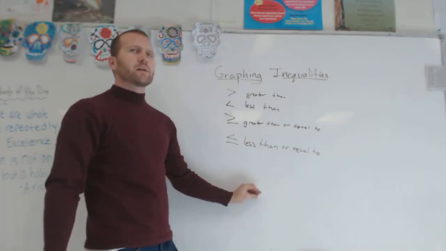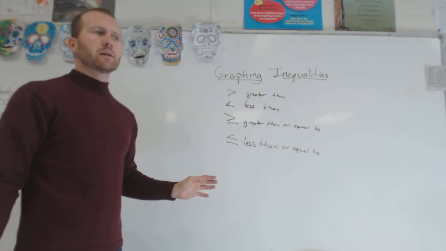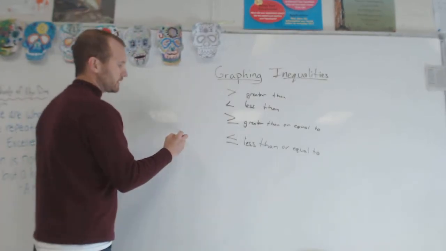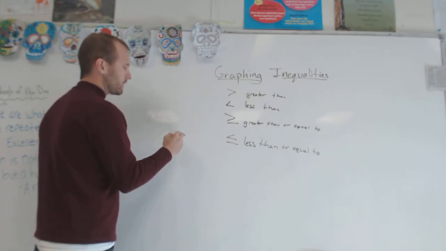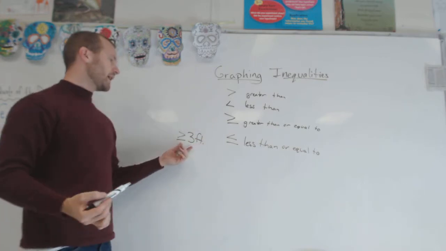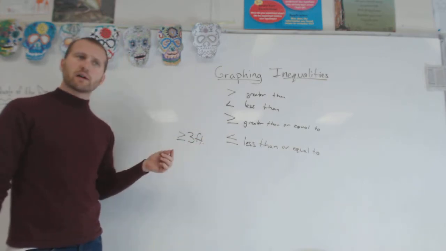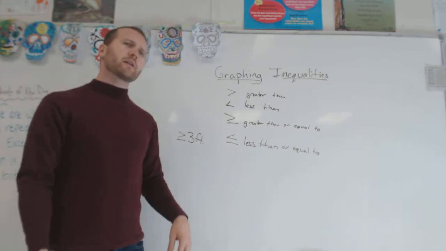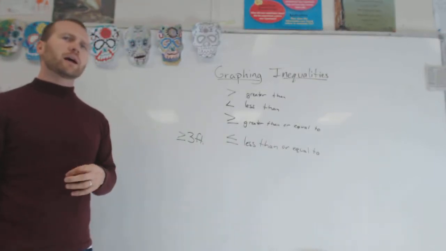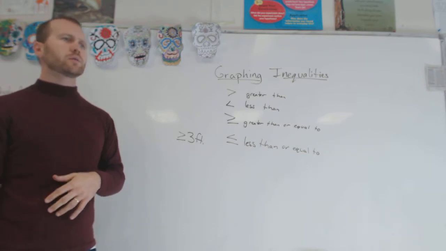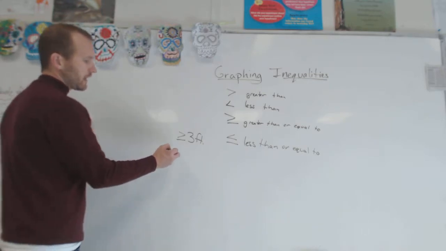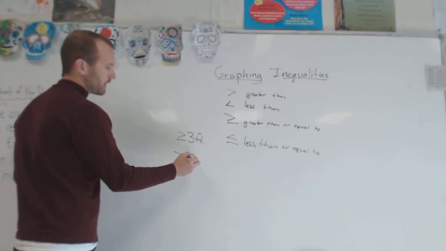So if I said you must be at least 3 feet tall to ride this ride, I could write that out as you must be greater than or equal to 3 feet. What it's saying is it's okay to be 3 feet to ride the ride. On the other hand, if I said you must have more than $100 to buy a sailboat, I would write that as greater than 100.